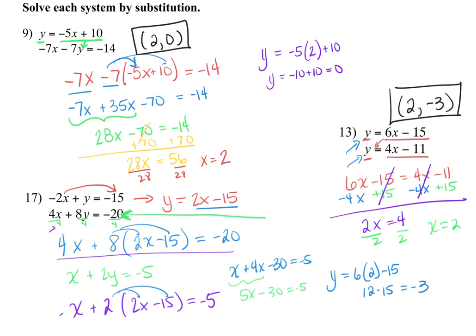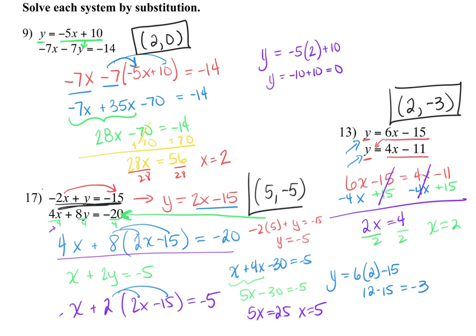Negative 5 and positive 30 give me 25. So x equals 5. I know my x value here. To get my y, plug it back in. So go back, plug it in. And I would say negative 2 times 5 plus y equals negative 15. Negative 10 added over, y equals negative 5.